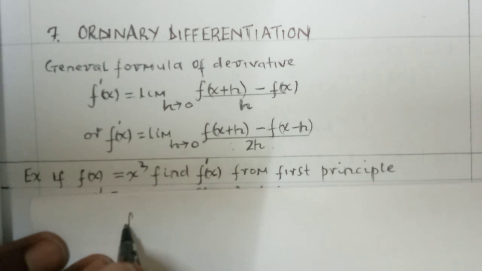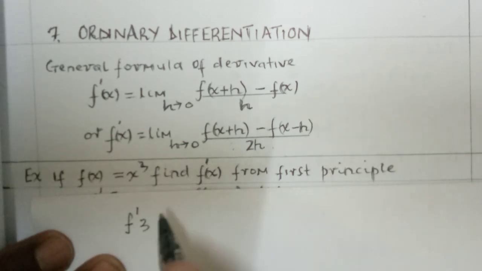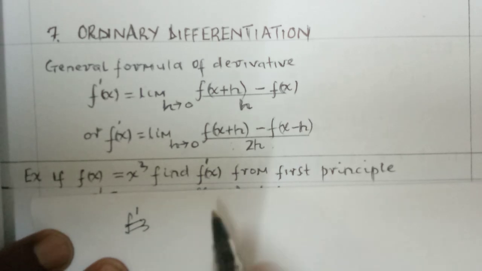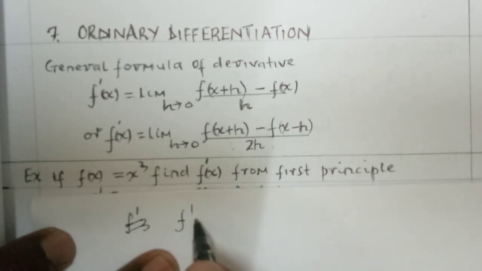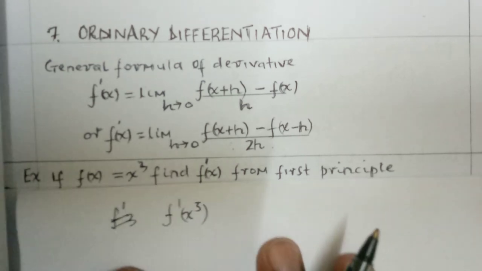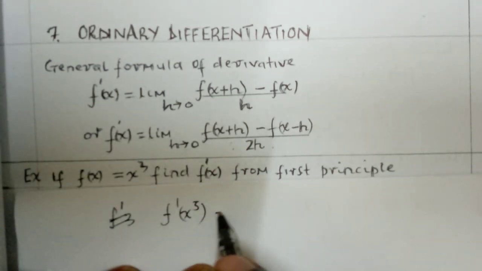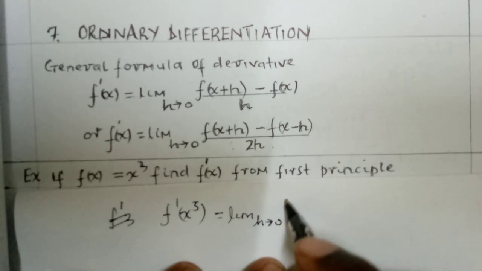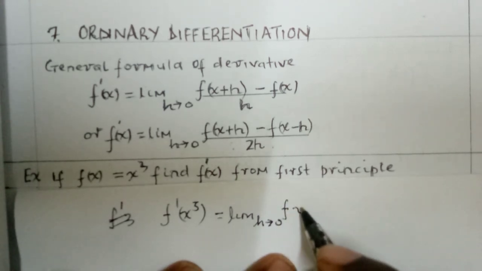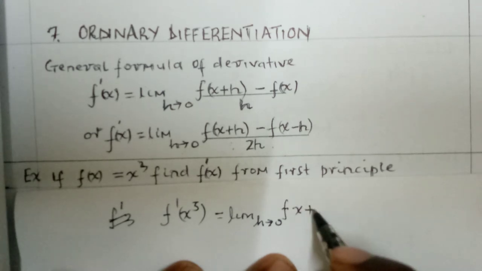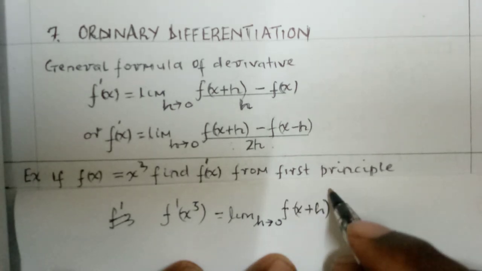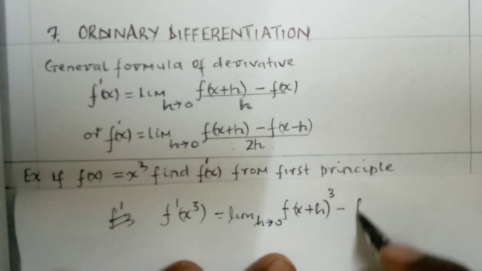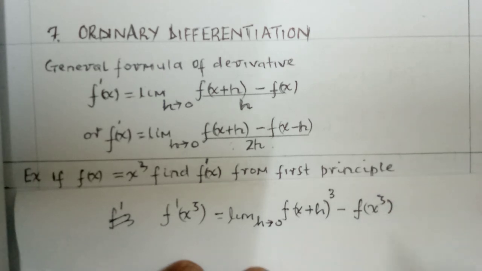So f prime of x cubed is equal to the limit as h tends to 0 of f(x plus h), that is (x plus h) cubed, minus x cubed, divided by h.